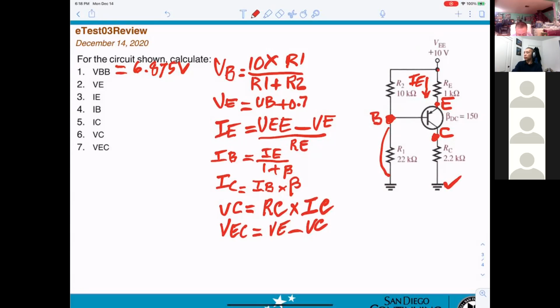I hope on the test tomorrow you're able to get an A. On all those calculations, you get 14 points. Are you going to change the values of the resistor or no? All right, we'll see.